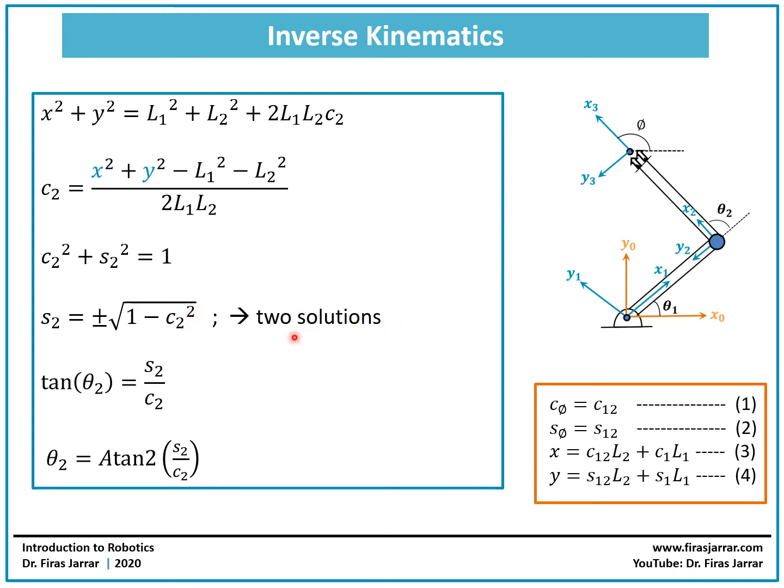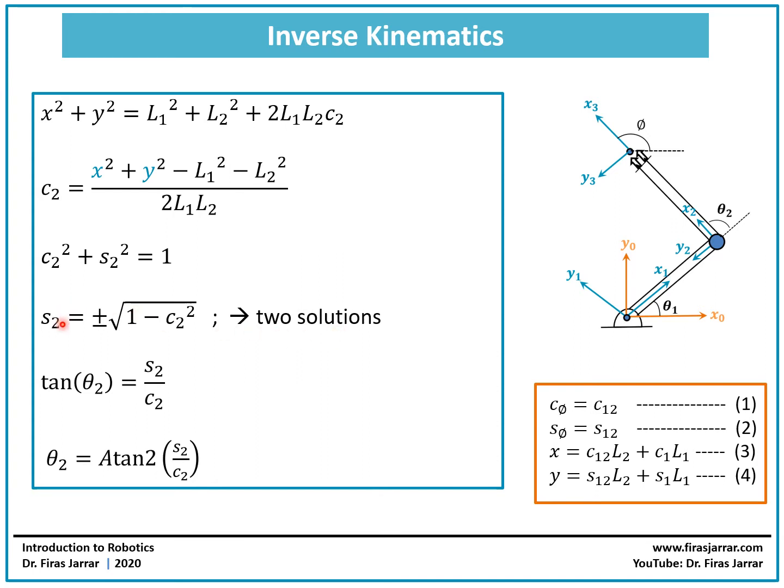It has two possible solutions here. These represent two possible configurations for this robotic arm to achieve the same desired position for the end effector.